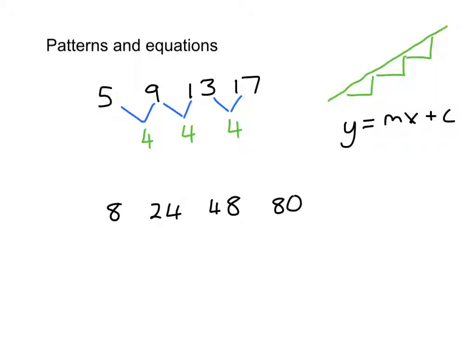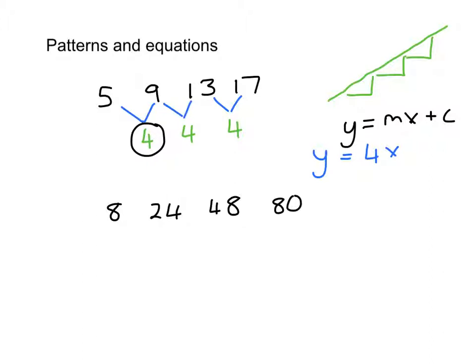The gradient is what you're going up each step, so you know you're going up in 4s. So for this pattern, this is the general formula, but for this particular pattern I'll write it in blue: y equals 4x, because x is going up in 4s.